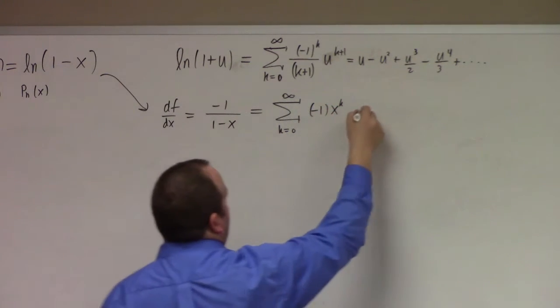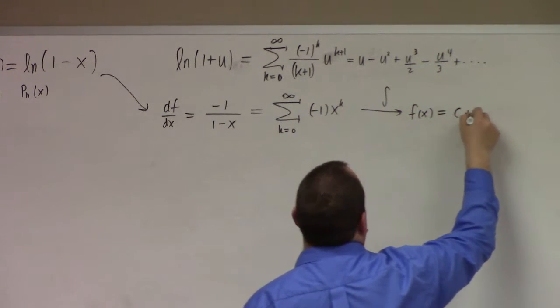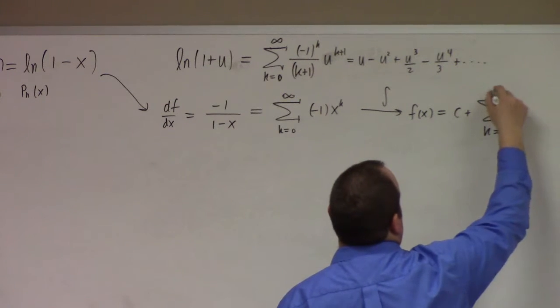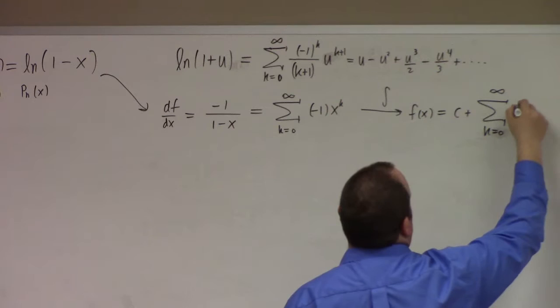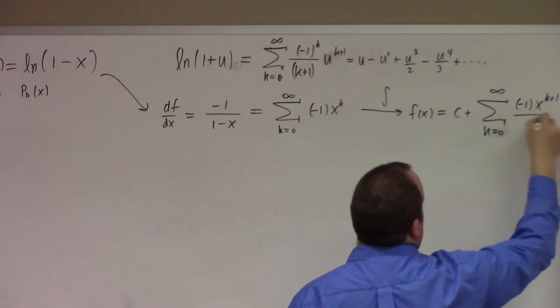And then integrate to get f of x is equal to a constant plus the sum k equals 0 to infinity of minus 1 x to the k plus 1 divided by k plus 1.